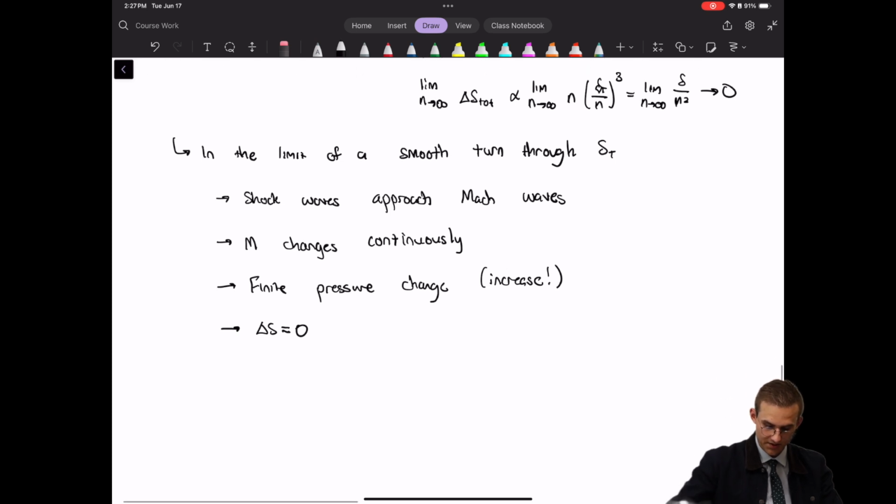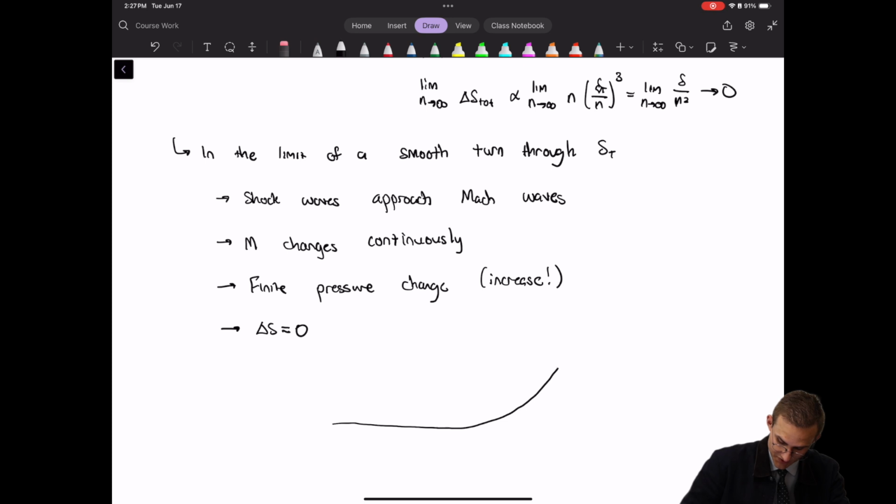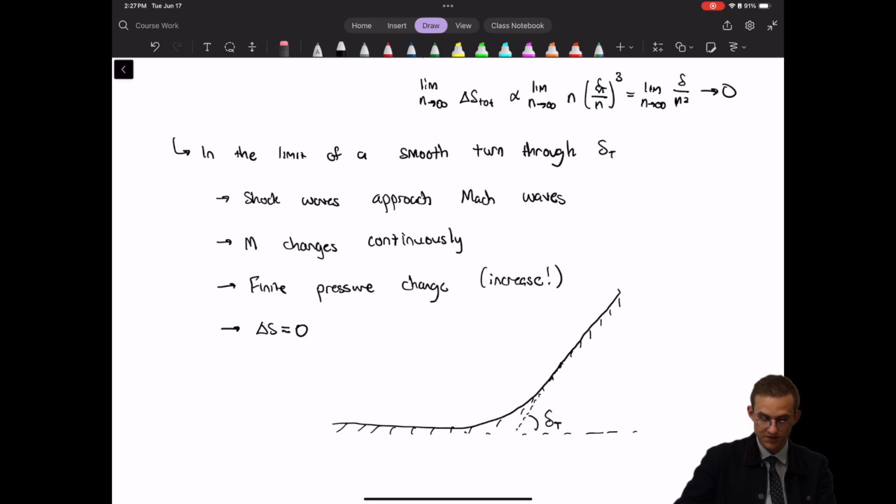Okay? And so what this looks like from a diagrammatic standpoint is you have a flow coming in, flat, it goes through a smooth change to a second direction here, and you follow these two down like this, and this would be delta tot.